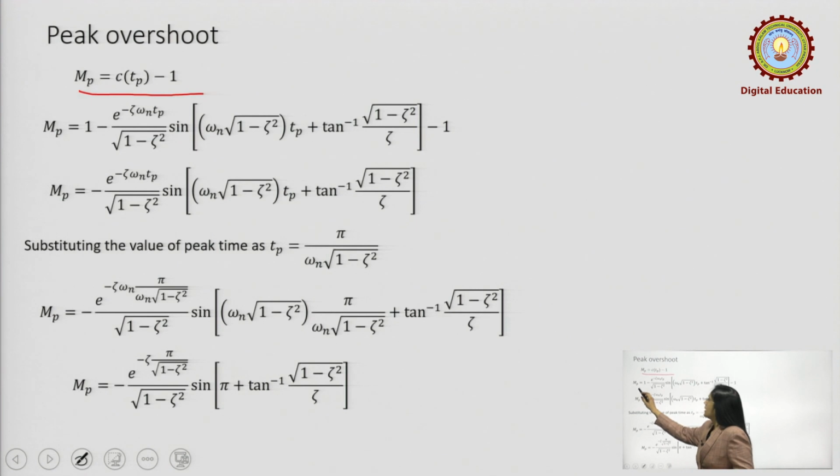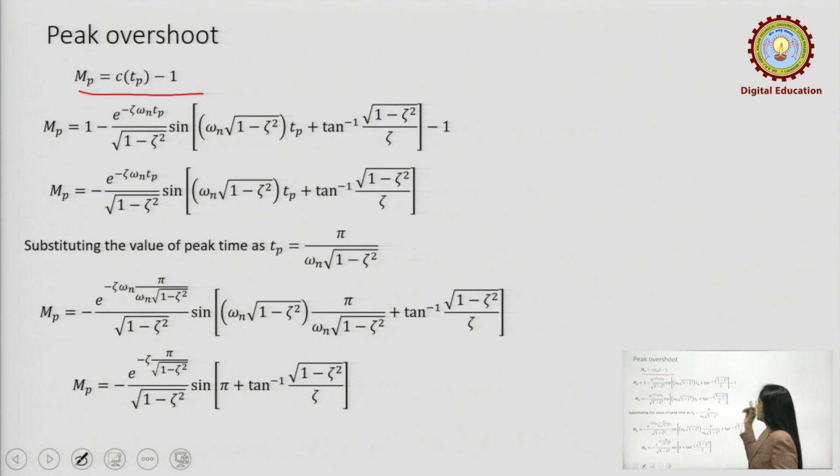So, Mp, that is the peak overshoot, is the response value minus 1, substituting the value of peak time Tp in this expression.